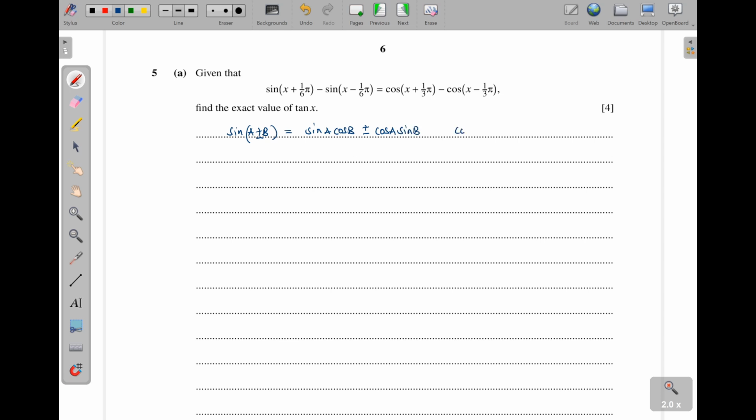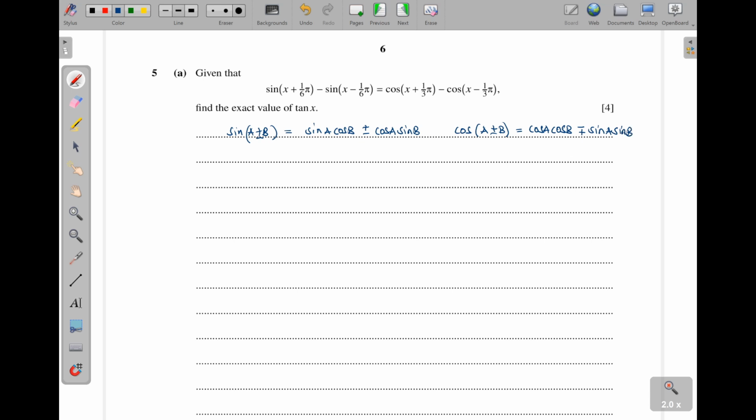Then for cosine, cos of a plus or minus b is going to be cos a cos b, then minus or plus, because if you have a plus here, then here you will have a minus, and if you have a minus here, you will have a plus. So that's why we are putting them like that. Even in the list of formulae, they appear like that. So here we shall have sine a sine b.